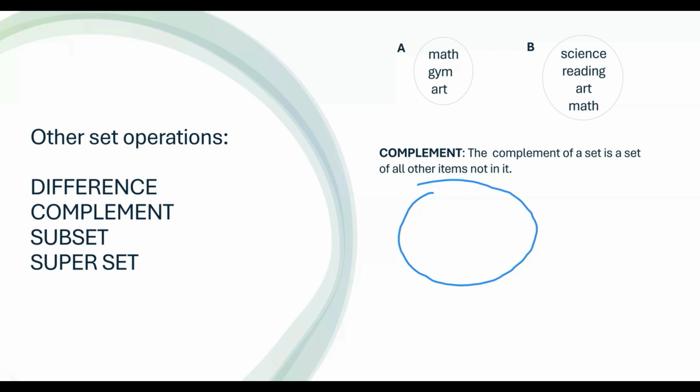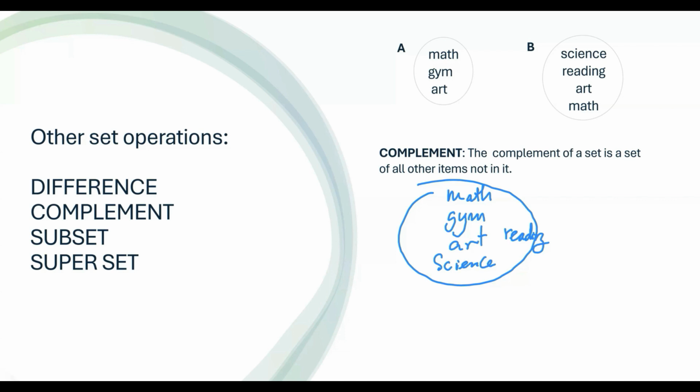So you have math, gym, art, science, and reading. Now, remember, for the union, you put everything together, then you need to cross out what is repeated. So now the union gives you 5 items.